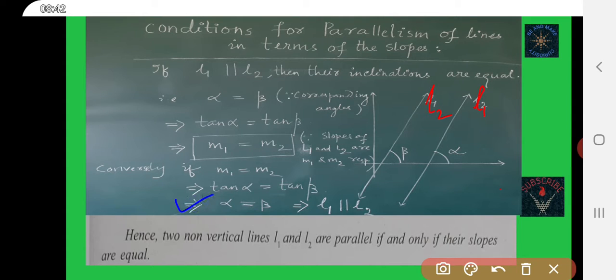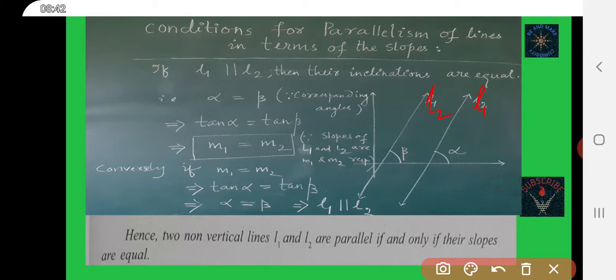And you can write here alpha is equal to beta, because both alpha and beta lie between 0 degree and 180 degree. So alpha is equal to beta, and as alpha and beta are corresponding angles and they are equal, you can write L1 is parallel to L2. Okay, hence what did you get?